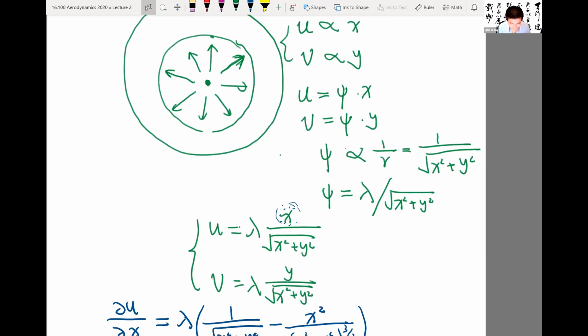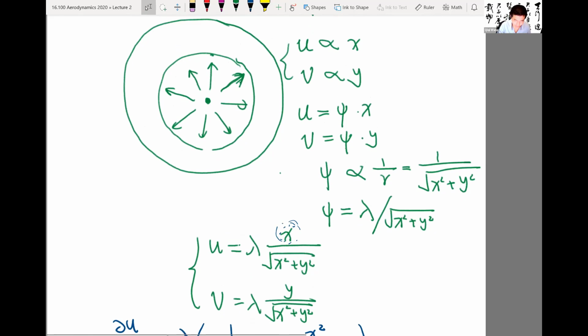All right, so let me go back and fix the issue here. So the issue is the following. The magnitude of the velocity is proportional to 1 over r, right? But the magnitude of the vector velocity is equal to square root of u squared plus v squared.